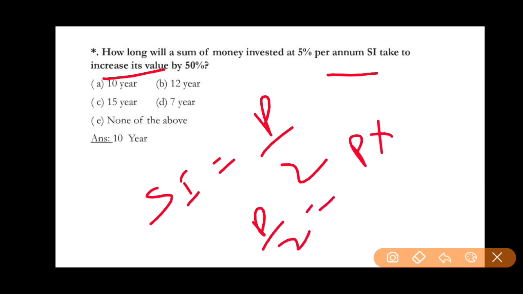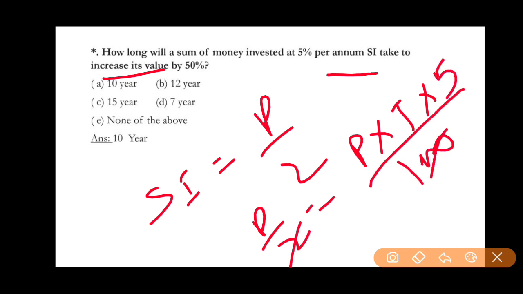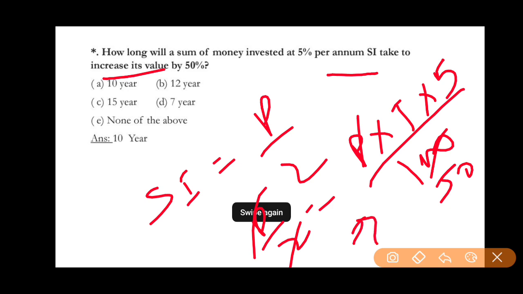P into time, and the rate of interest is equal to 5 by 100, and in place of 2 you can take it as 50, and P would be cancelled. Then you can check what t you will get.